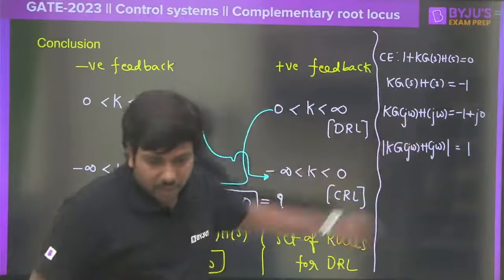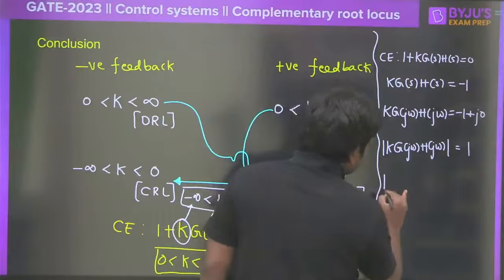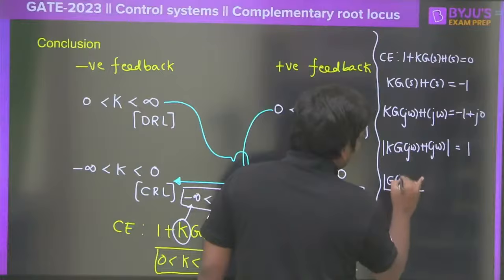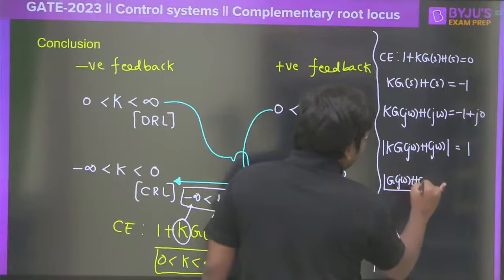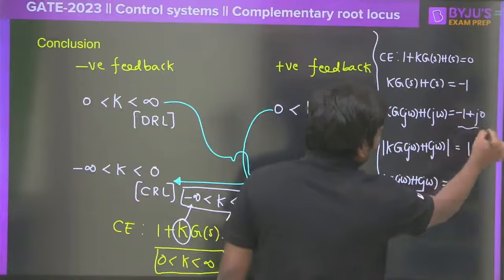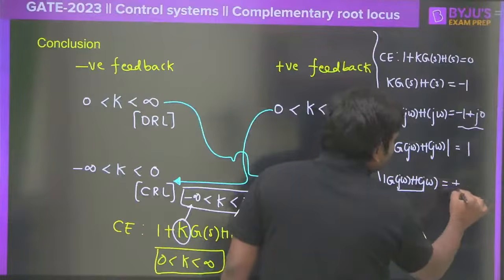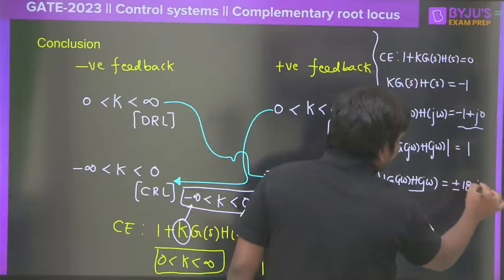Technically that is correct. But have you seen what would be the phase of this one? The phase of this function can be written as, because k doesn't contribute any phase, I need not worry about that, the phase would be, as we have minus 1 here, minus 1 plus j0, any odd multiple of plus or minus 180 degrees. That is what you have studied, right?